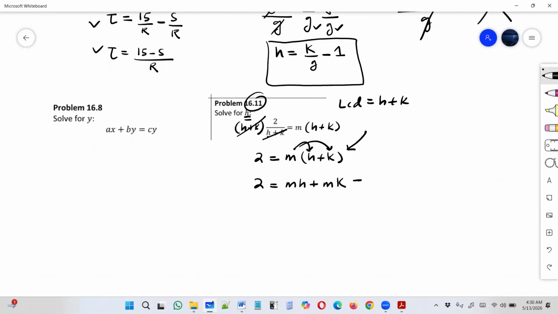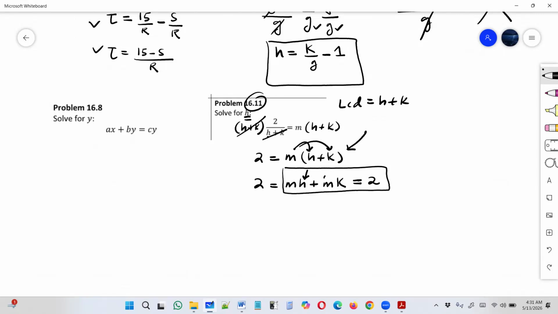Now I obviously can do this, to make sure that I have my variables on the left. So if 2 equals mh plus mk, then mh plus mk is equal to 2. And then I can work with this side of the equation. Now I am solving for h, this variable. Anything that is not h has to go to the other side.